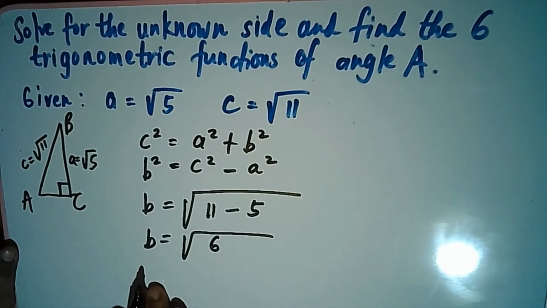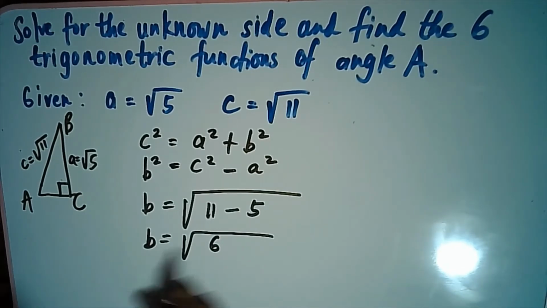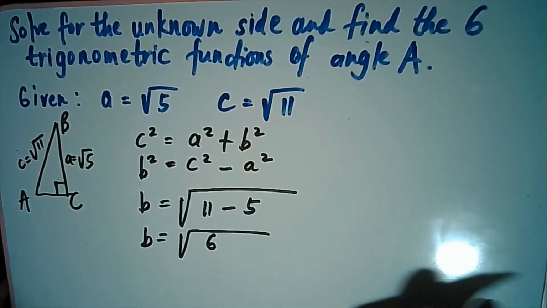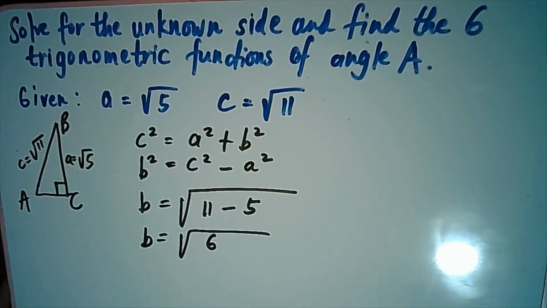So B is equal to the square root of 6. So we now have the measurements of the sides A, B, C of the right triangle. Now we will be able to find the 6 trigonometric functions of angle A.